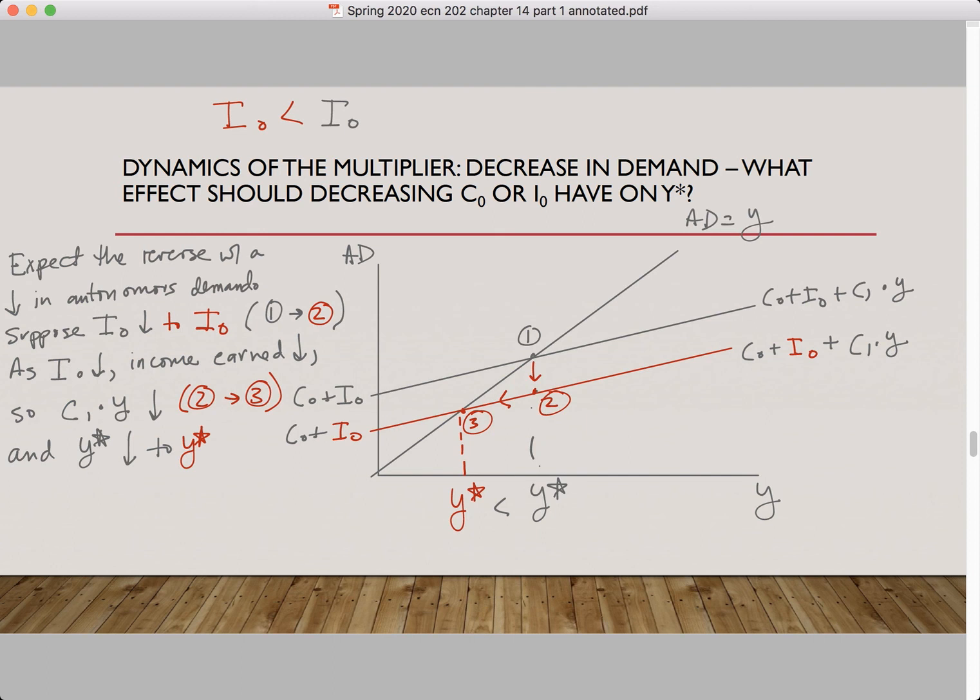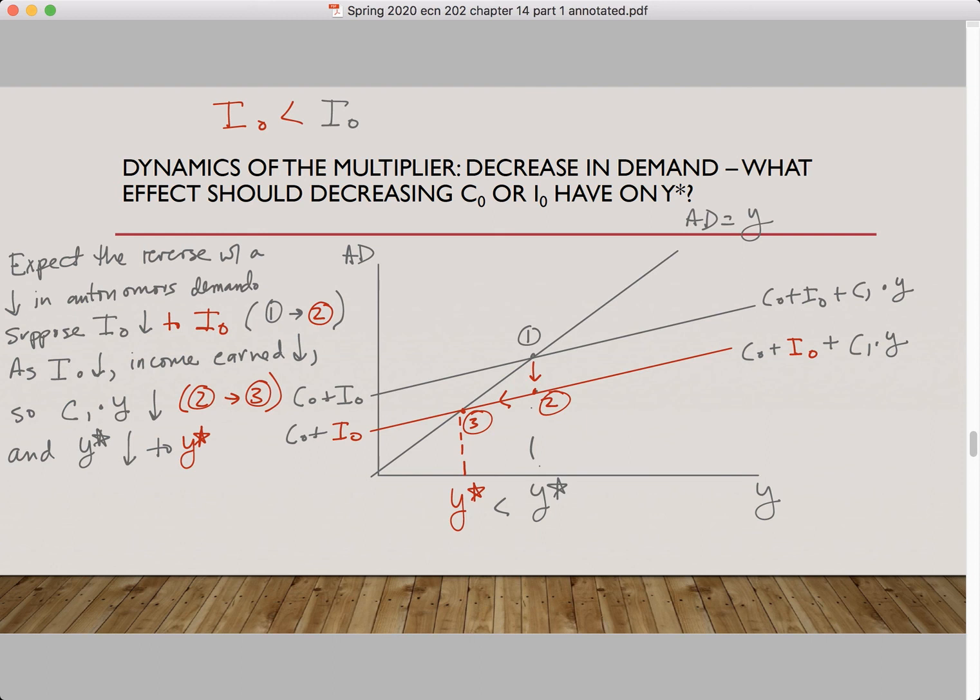We're going to expect the reverse if we have a decrease in any of the components of demand. So just for variety, on this slide, let's imagine that there is a decrease in investment expenditure. If the red I0 is less than the gray I0, then we should see a bumping down of our aggregate demand function.